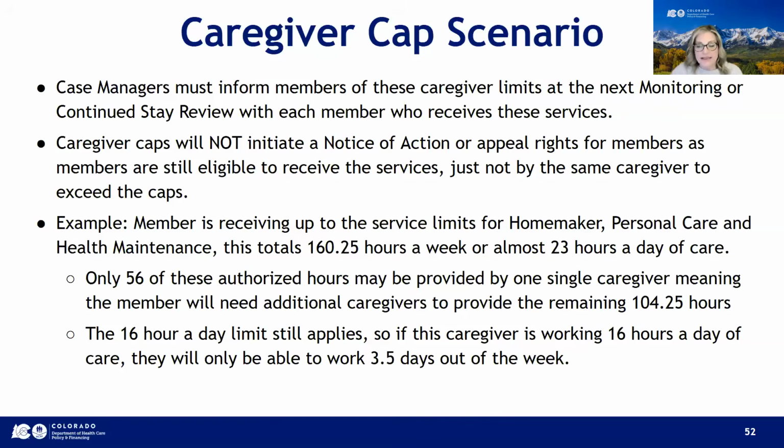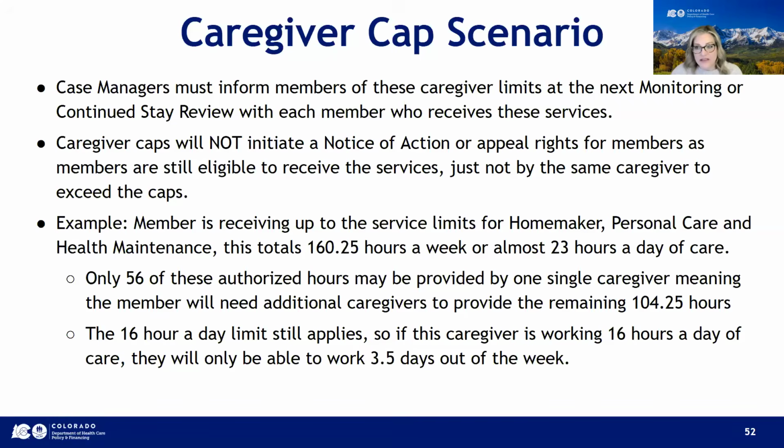As a case manager, again, your responsibility is to discuss with your member the upcoming change to the caregiver limit on specified services. If needed, work with the member to identify alternative caregivers to fulfill the authorized hours. Case managers do not need to make any changes to the support plan or the PAR if a single caregiver is providing above 56 hours per week of care to a single member, or above the 16 hours per day across all of their members.